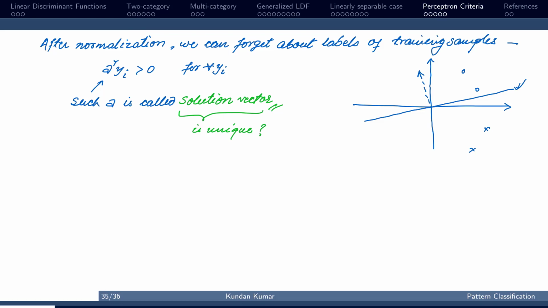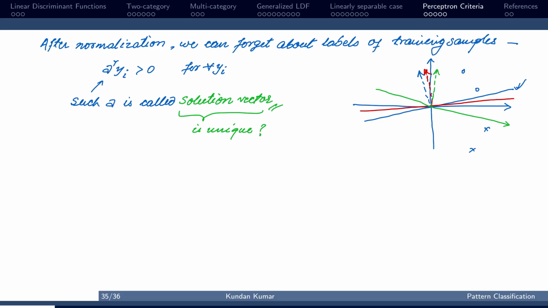No, we can have another decision boundary which will pass in this way, and then we will have a solution vector like this. We may have a decision boundary like this, and in this case we will have another solution vector.